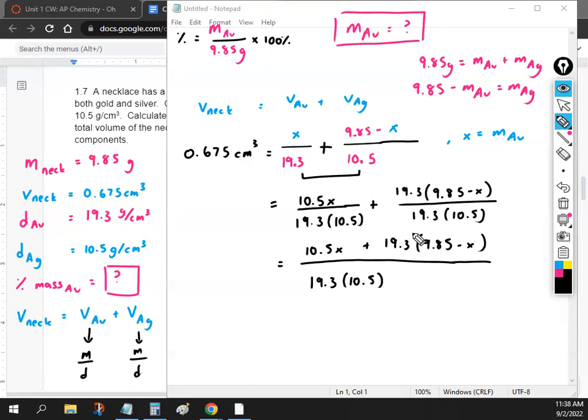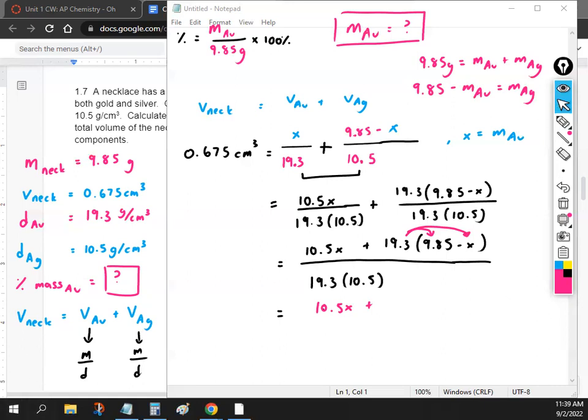Okay, so let's do the numerator first. We got 10.5x, which I'll do in a different color so it's a little bit easier to see. But we need to take care of this side right here. What we're going to do is distribute 19.3 to both of the things inside of the parentheses.